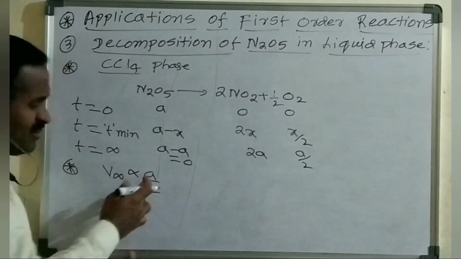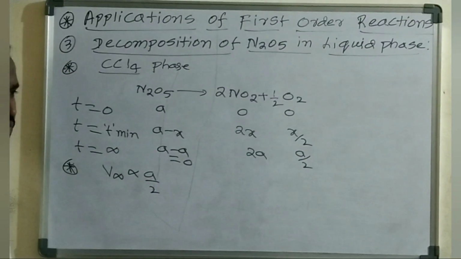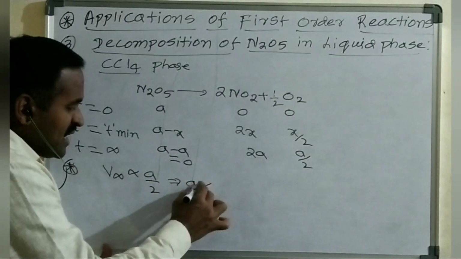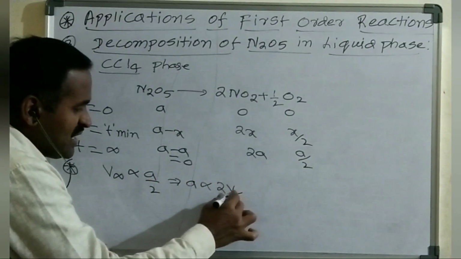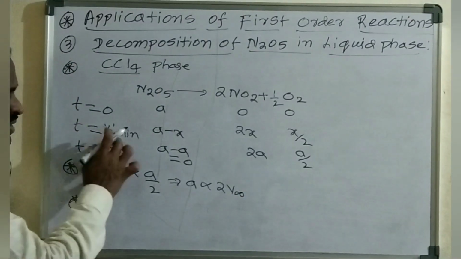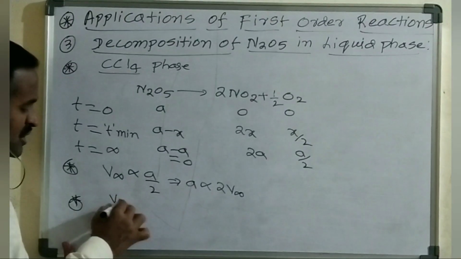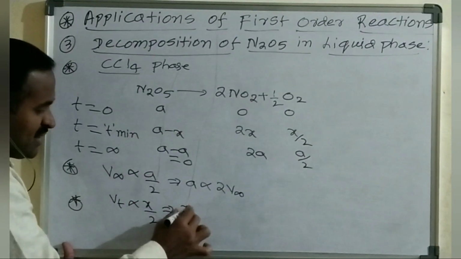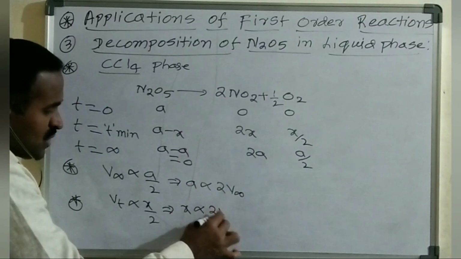For the rate constant equation I want only a, so a is directly proportional to 2 times V infinity. In the same way, at a particular time, Vt is directly proportional to x by 2, but I want here only x, so x is directly proportional to 2 times Vt.